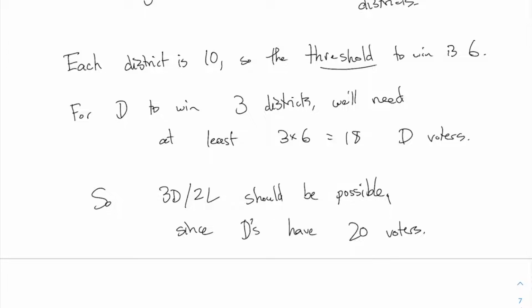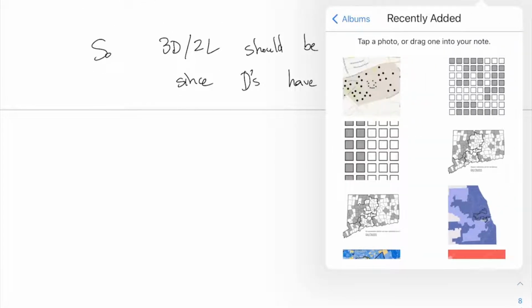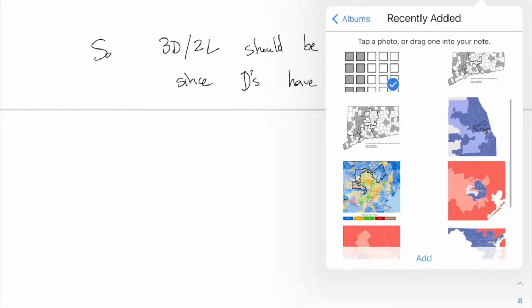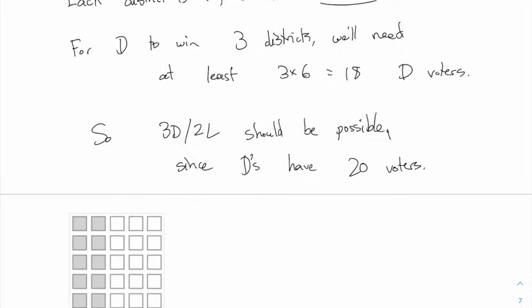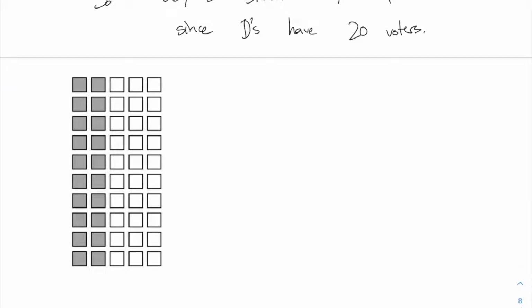Now, geometrically speaking is a different question. Can you actually figure out how to draw weird shapes that make that happen? But I think we can do it. Let's look at the picture again. So, I want to make D's win 3, L's get 2, all right? My strategy is I'm going to build 3 districts so that the D's win, and then I'll just give the rest to the L's.